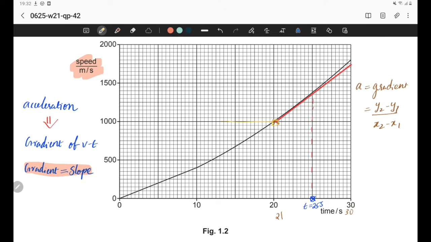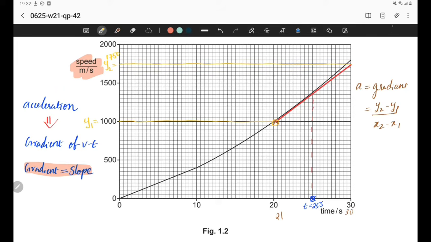What is the value on the y-axis? We can identify y1 is 1000. Likewise, at the end point of this tangent line, you can consider any 2 points on the tangent line as starting and ending. This is the point y2 I am considering, and that is 1750.